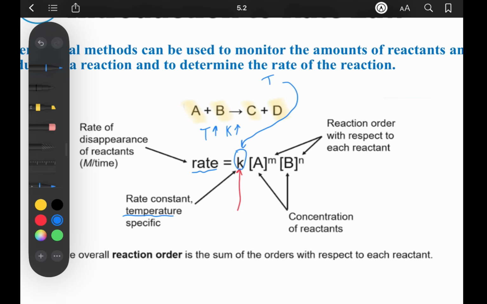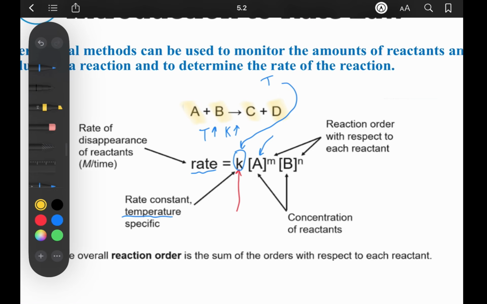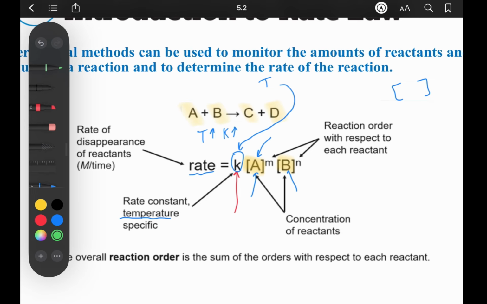The second part of the rate law expression is the concentration of reactants. We have reactants A and B, so their concentrations are represented in terms of square brackets. The last part of the rate law expression is the exponents or the powers. The powers are called reaction orders.